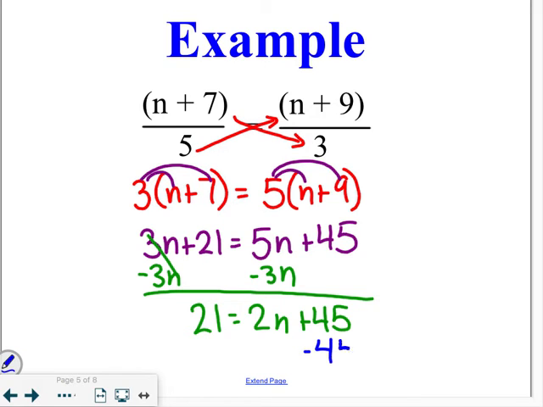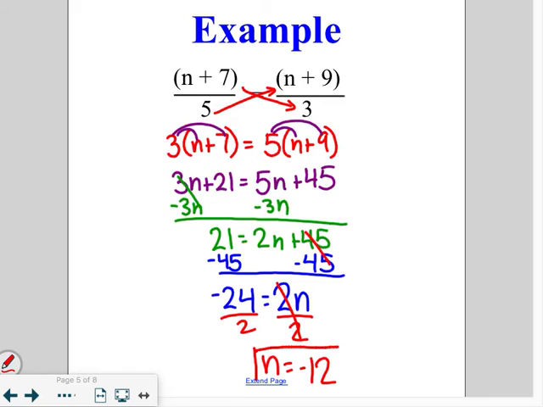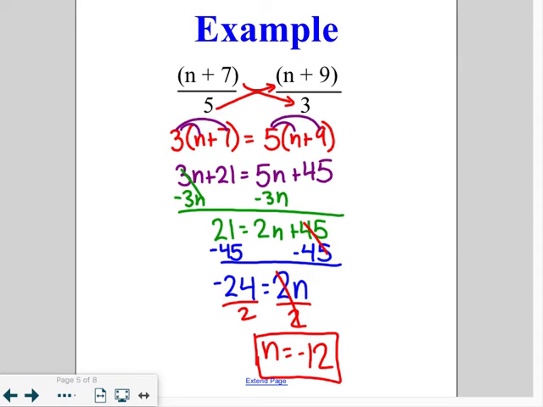Continuing to solve, we're going to take 45 away from both sides of the equation, which leaves us with negative 24 is equal to 2n, and finishing it out by dividing both sides of the equation by 2, we end up with n is equal to negative 12. So when you have those grouping symbols or the parentheses, the idea of the problem does not change. You're just going to have to use the distributive property before you continue solving.